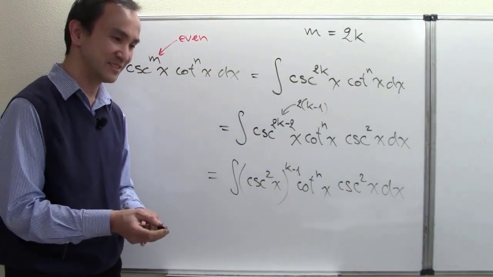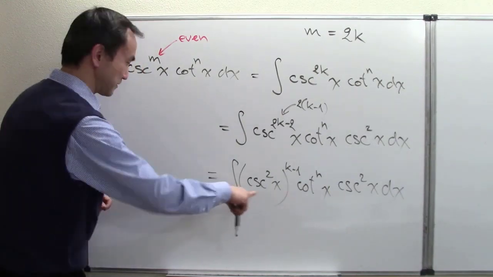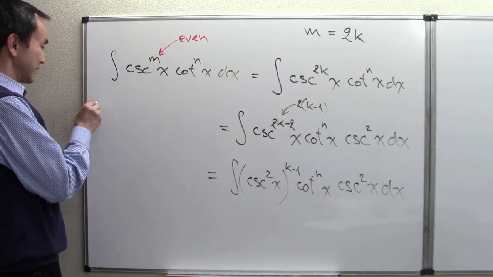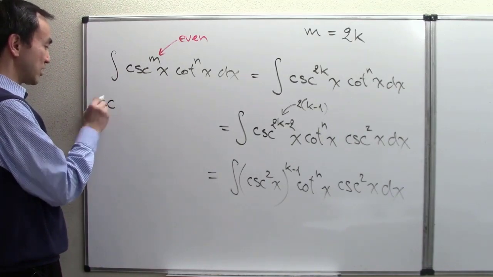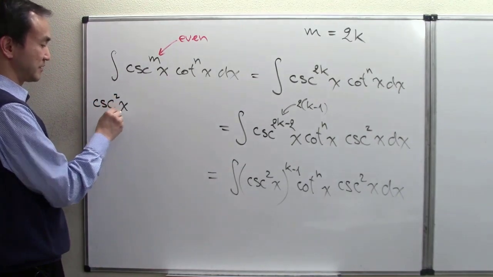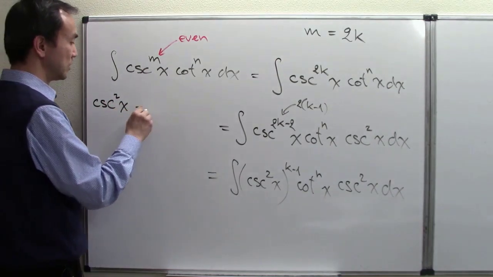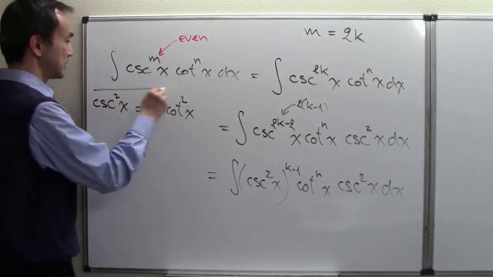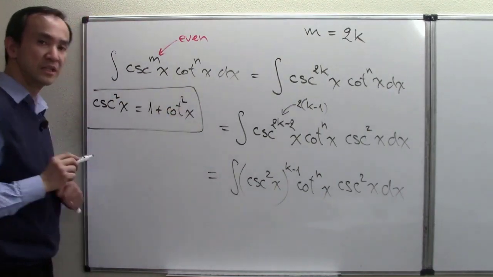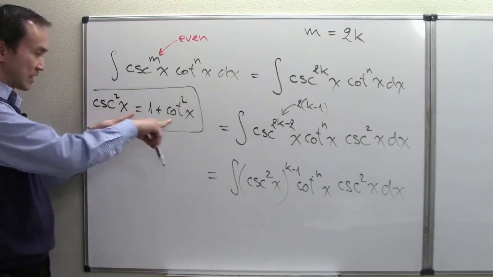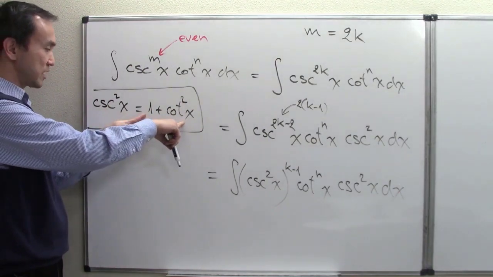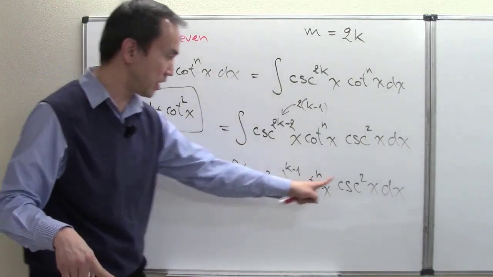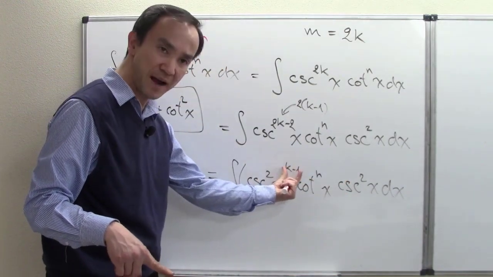All right. And so now for cosecants, we have an identity. We know from trigonometry that cosecant square of x equals 1 plus cotangent squared of x. This is a known fact from trigonometry. So now I can substitute 1 plus cotangent square of x for cosecant square right in this part, not the other ones, the one that's inside the bigger power.